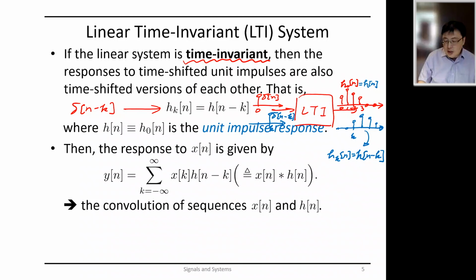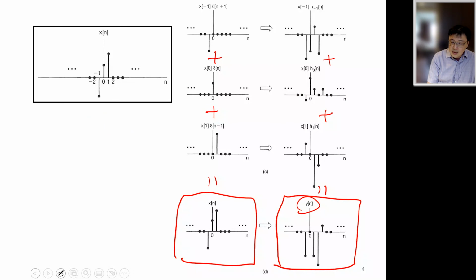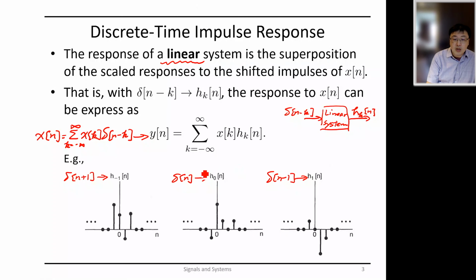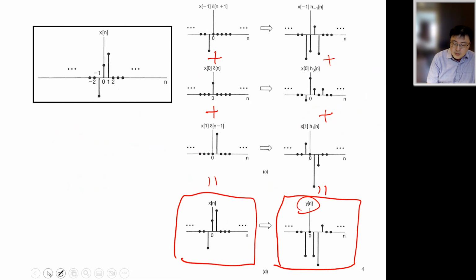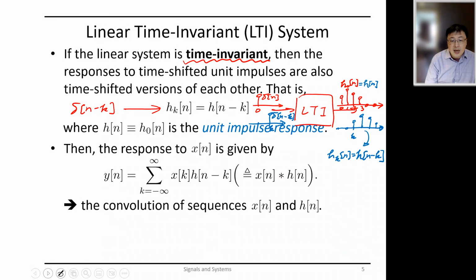So if you substitute h_k of n equal to h of n minus k into our equation before, you find that y of n can be written as the summation of x of k times h of n minus k.